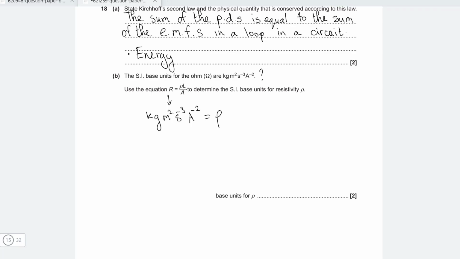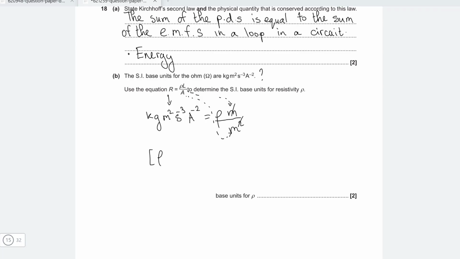Now the base unit for the length L is just meters, and the base unit for the area is just meters squared. So we can directly rearrange, those of course are going to cancel, and we can directly rearrange for the unit for the resistivity.